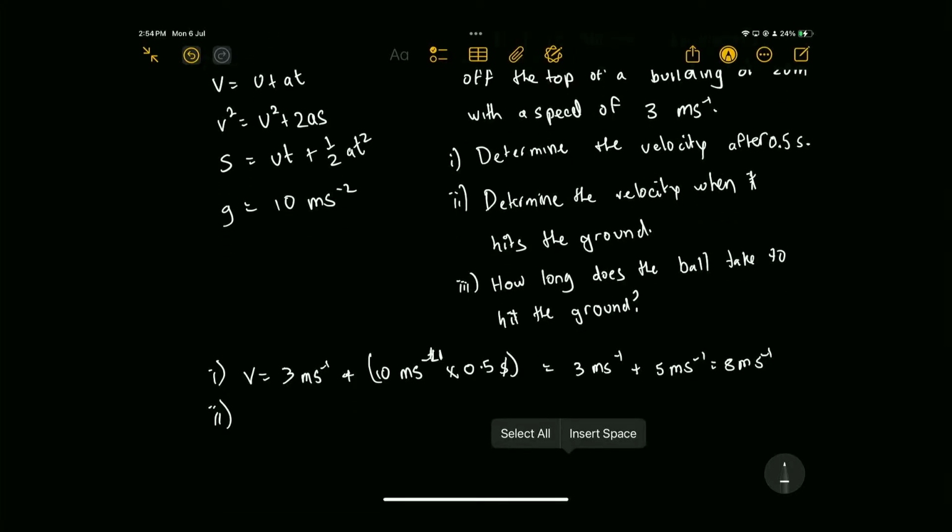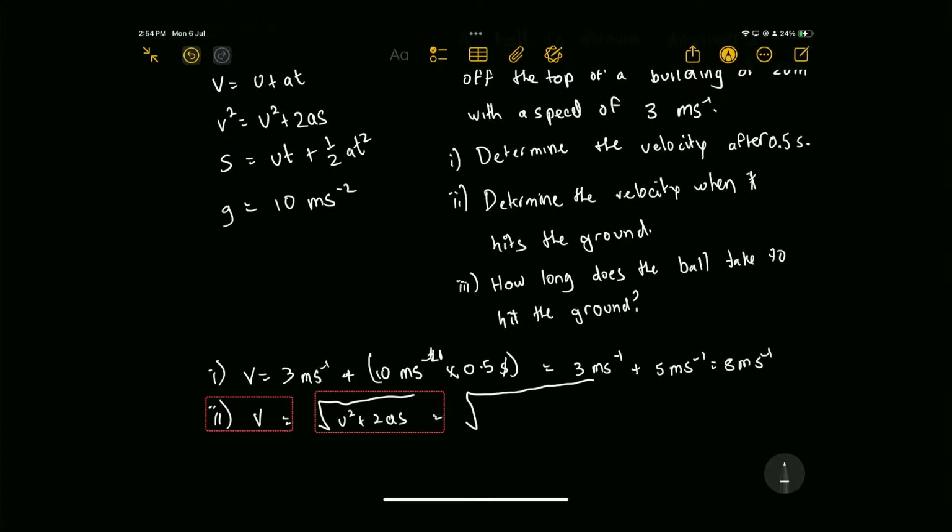So we have v squared is u squared plus 2as. So we could write v is equal to the square root of u squared plus 2as, which is equal to the square root of, u we were told was 3, plus 2 times 10 times 20.